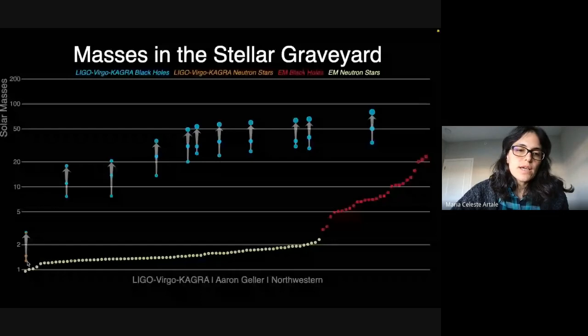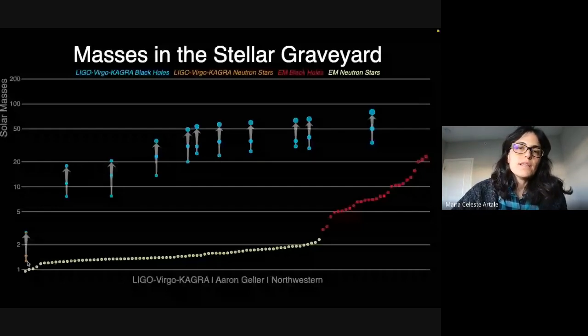And these yellow dots represent the detection of neutron stars via electromagnetic detection, so it's basically pulsars. And these red dots are black holes that belong to X-ray binaries. Now, if we move on to the second catalog that we got, we can see that we start to populate more of the different range of masses for the black holes here.